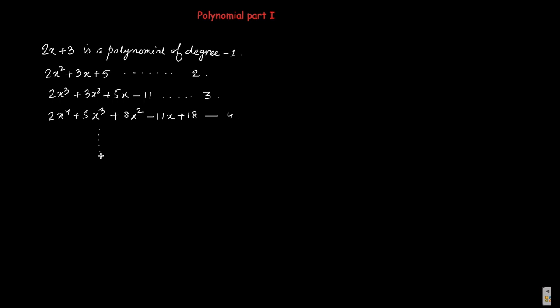And you have to know this: 5 is also a polynomial, a constant term of degree 0, and it has only one term.